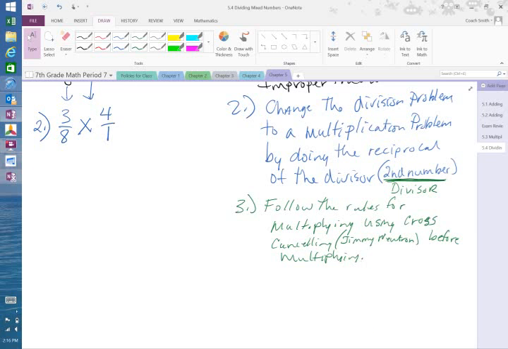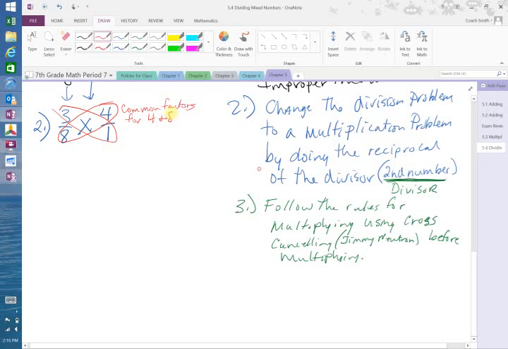So, Jimmy Neutron, there and there. Is there any common factors for 4 and 8? 4. So I'm going to divide 4 into 8 goes 2 times. 4 into 4 goes 1 time.